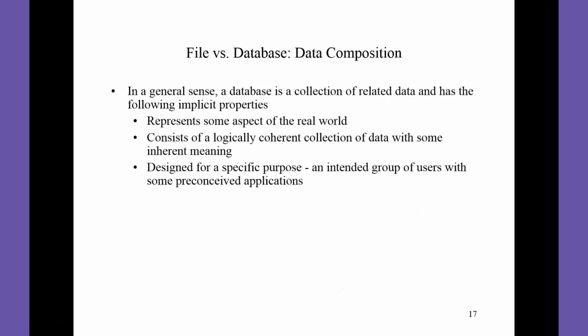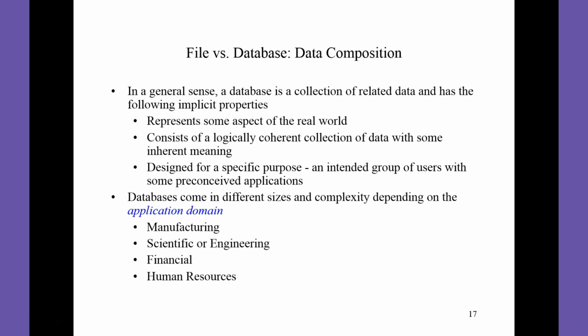In a general sense, a database is a collection of related data and has the following implicit properties. The database represents some aspect of the real world. The database consists of a logically coherent collection of data with some inherent meaning. The database is designed for a specific purpose, an intended group of users with some preconceived applications.